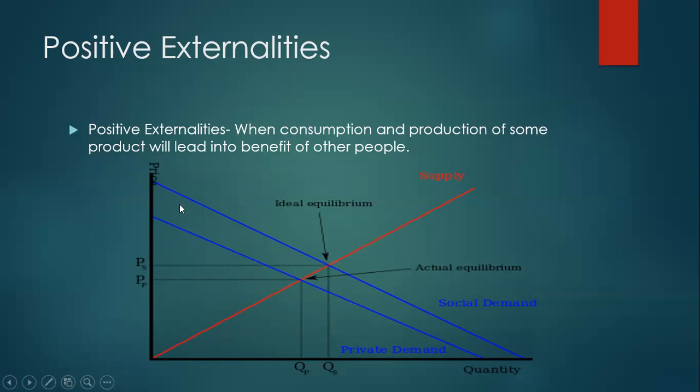In that case, there will be a surplus, an additional benefit of that particular commodity. So it is called a positive externality, which gives extra benefit. And this can be calculated as well, how much benefit it is causing to other people.